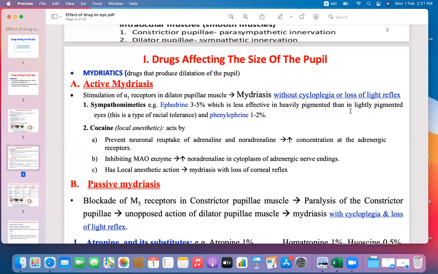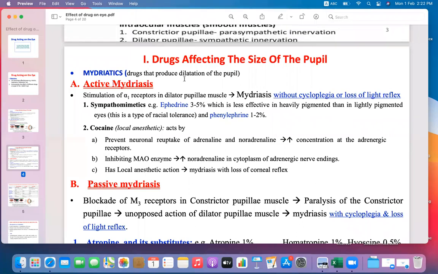Reflex means the action upon the stimulus. And what is the stimulus? Light. If we take a torch near our eye and suddenly turn it on, what happens? Our eyelid will close. It is called light reflex.